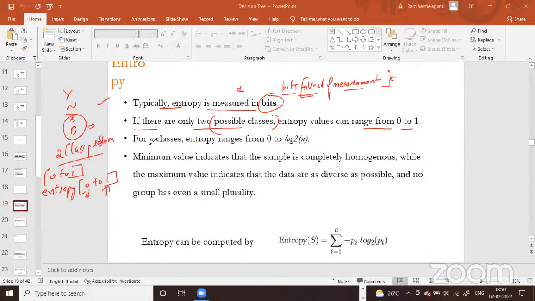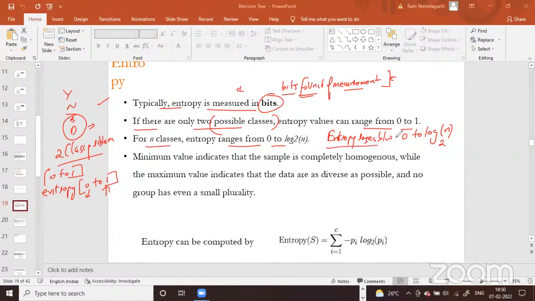So for n classes, how can you generalize? Entropy ranges between 0 to log n to the base 2. This is the formula.